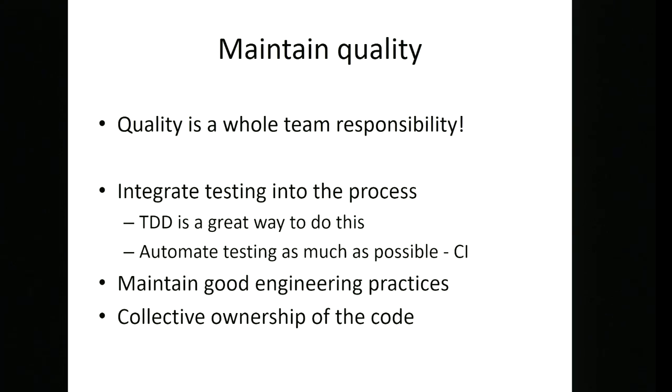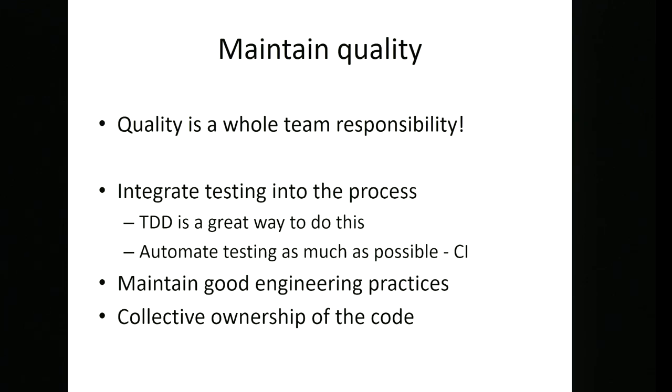That wouldn't be collective ownership, because I would know everything about the database stuff and Caroline wouldn't know anything about it, and vice versa. I wouldn't know anything about the UI and Caroline would know all about it, and that would mean that we would end up being siloed within our own teams, and if I was off sick, then possibly no one else would have a good enough understanding of how to deal with the database code, and development might stall.